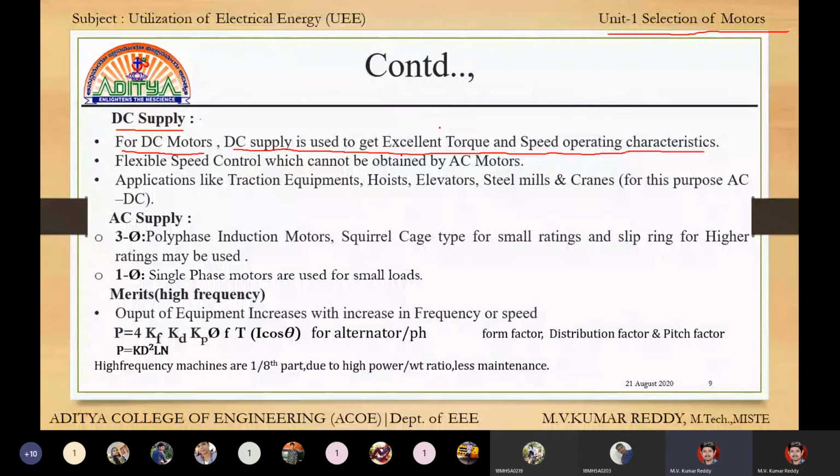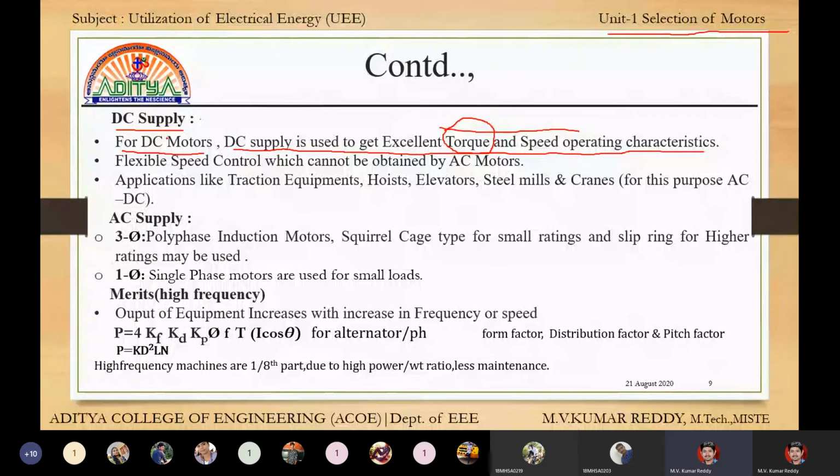This is the important point, torque speed characteristics. For DC motors we have one best quality, that is a huge starting torque when compared to AC motors or special motors.